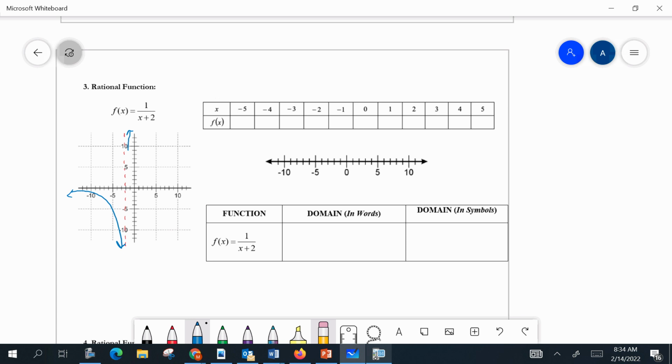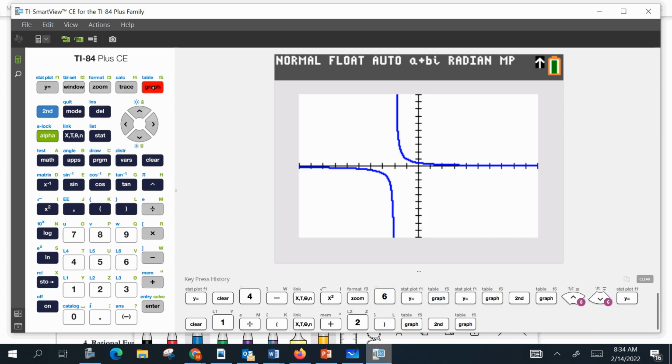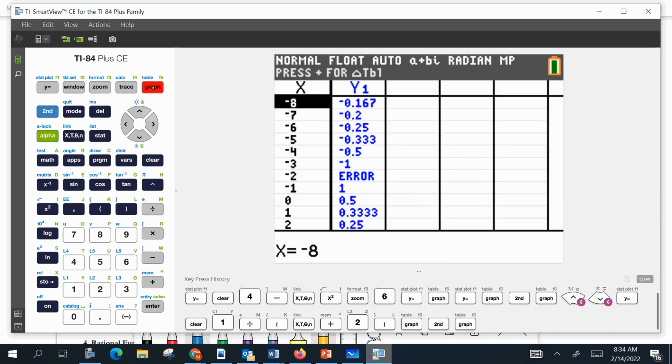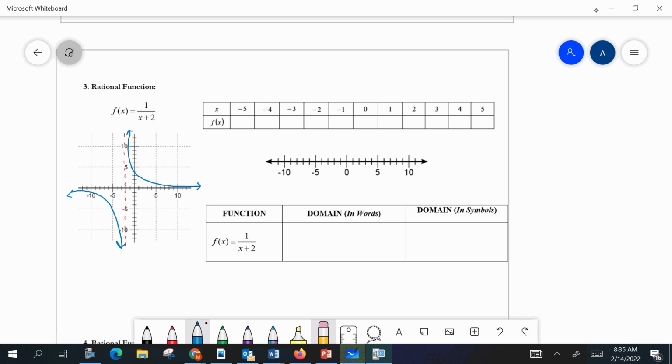I want to explore in the table what's causing that break. Go back to your calculator, hit second graph, and look at the table of values. Right here there's an error at -2. Let's fill out this table. At -5, the value is going to be -0.3.